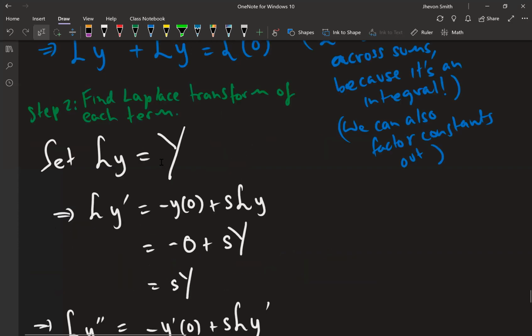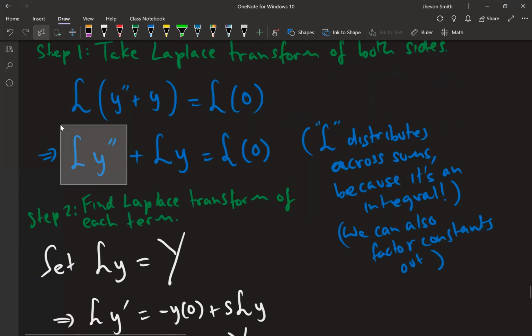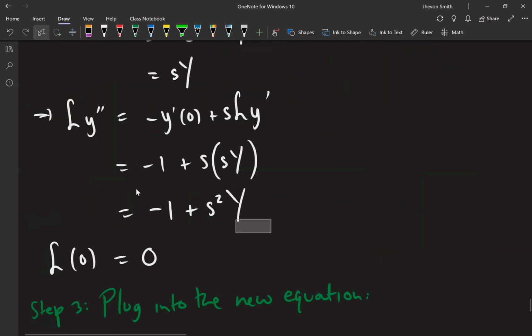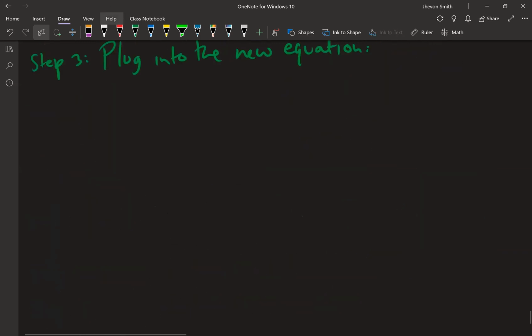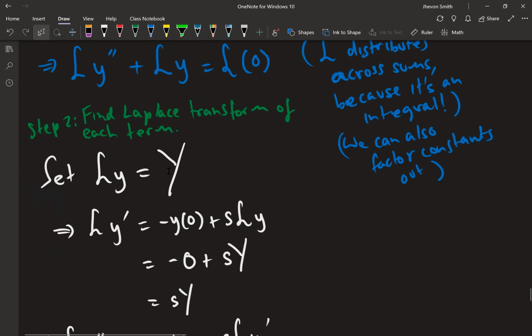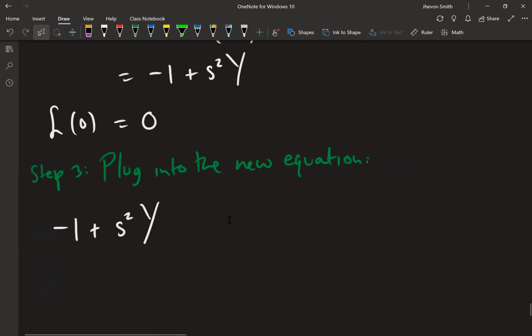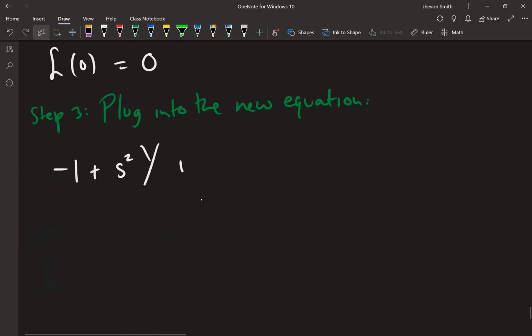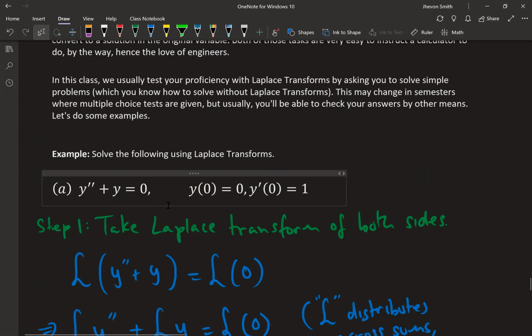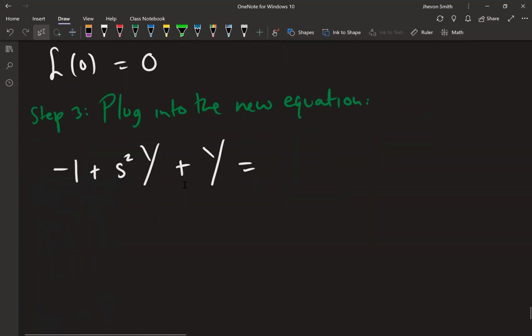So now I go and plug it in. For the Laplace transform of y double prime, I'm going to plug in this expression. Then I have the Laplace transform of y that I called big Y, so I plug in that expression. Then I have 0 on the right. The Laplace transform of that is 0. Now notice what you have here.